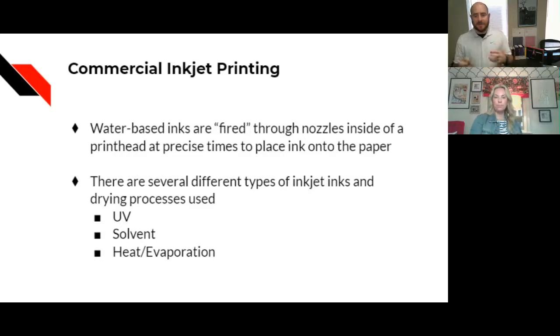There are several types of inks that are used and ways those inks are cured or dried. The first one is UV. In that instance, the ink itself has what we term photo initiators. Think of them as links in the ink that are separated, and when they're exposed to UV light, they come together and form a bond onto the substrate.